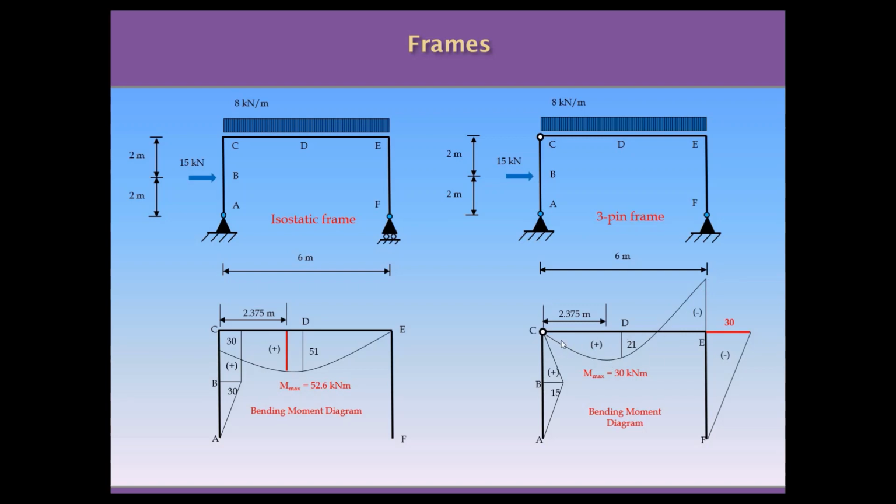The distribution of moment has changed radically in the beam because we have reduced the positive moment, but we have introduced a negative moment equal to 30 kilonewton meters. And there wasn't any moment in the second column, EF, in the first simple supported frame, but there is now a linear distribution of moment there with a maximum of 30 kilonewton meters, which is in fact the maximum moment in the whole three-pin frame.